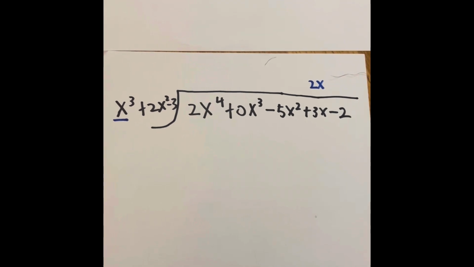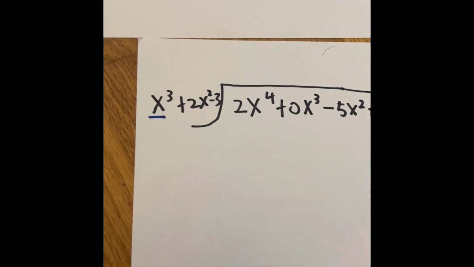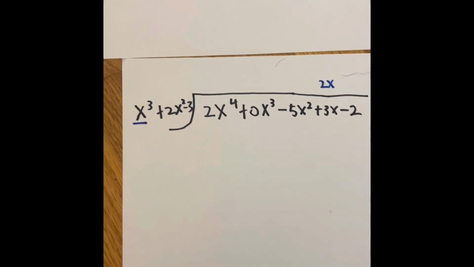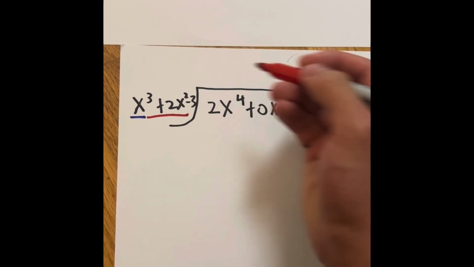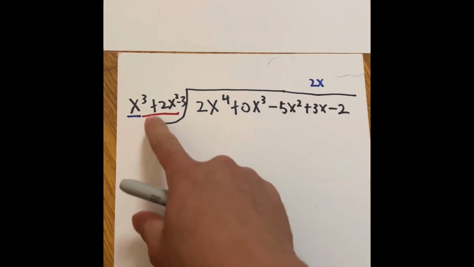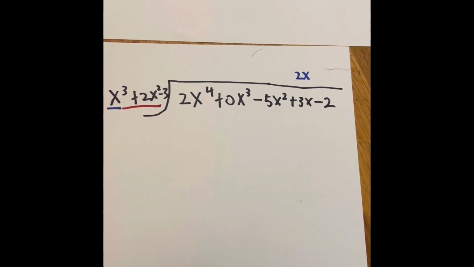But now we have to do the entire problem. Now we have to color the entire thing in red, because when you find out what you're multiplying with, we have to multiply it through and see what we get.